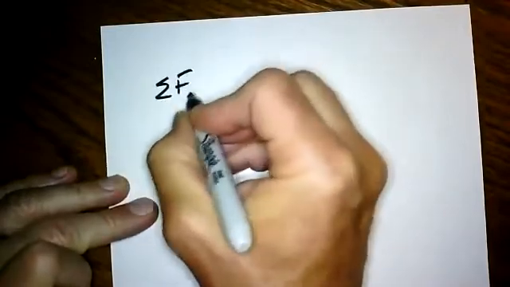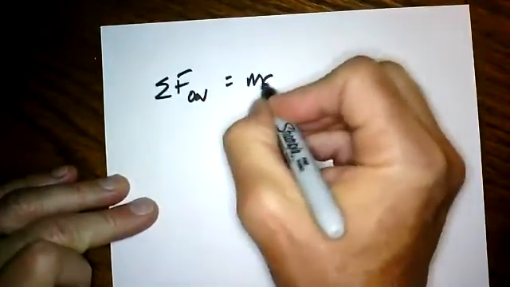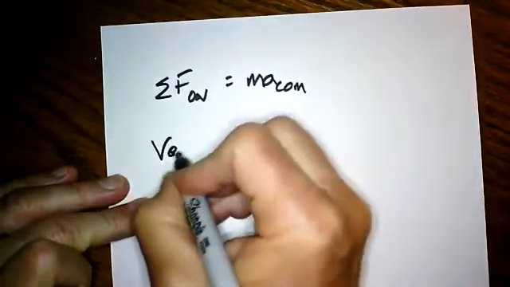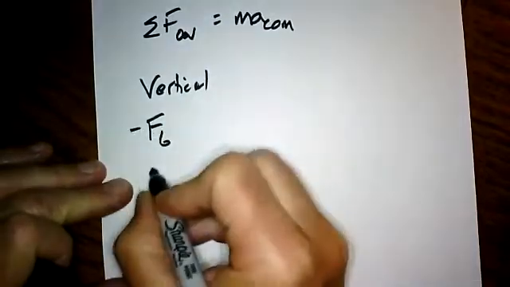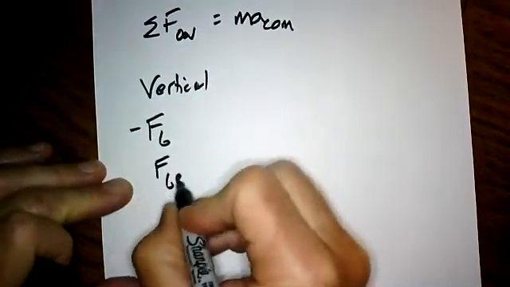The sum of forces acting on the object equals M A COM. In the vertical direction, we have F sub G and FGRF.